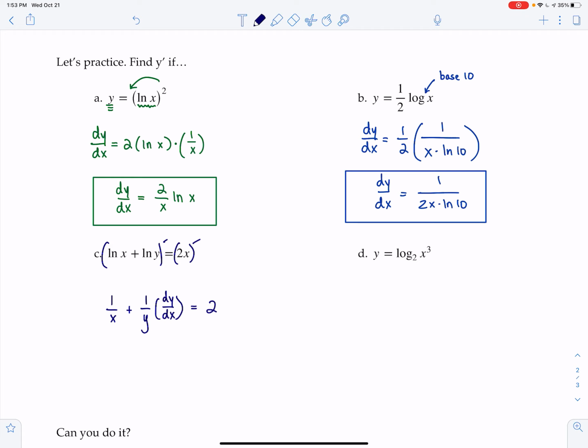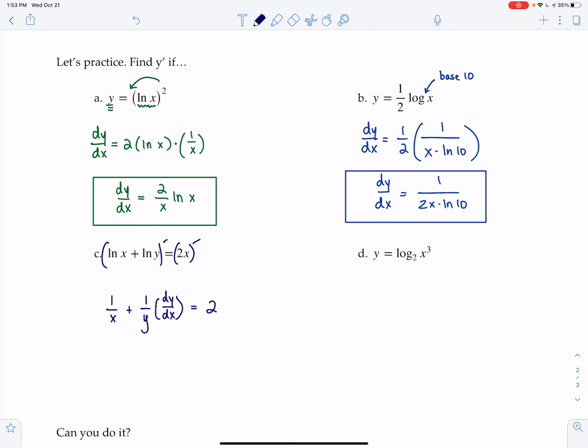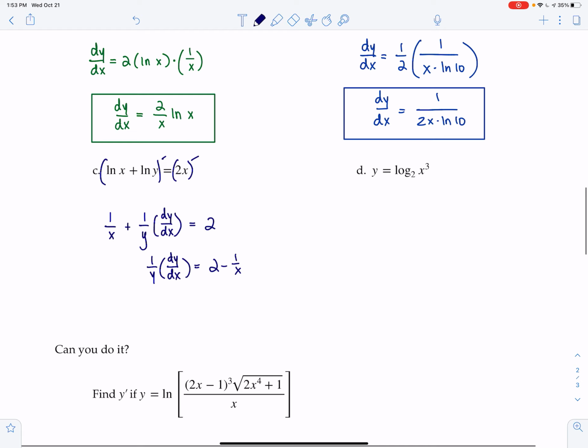And then we just need to do some algebraic work to get dy dx by itself. We're going to take away 1 over x from both sides. And you would write that like this. And then all we have to do to get dy dx by itself is just to multiply through by y.